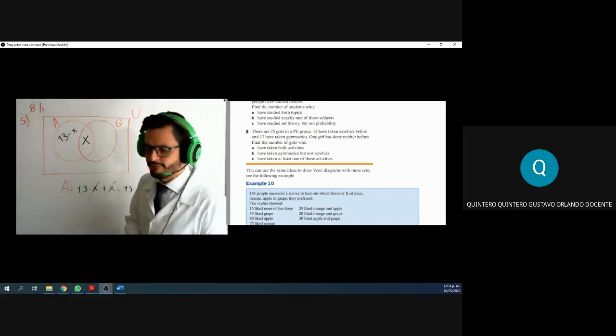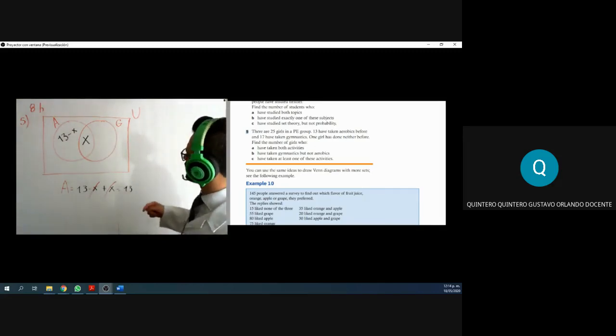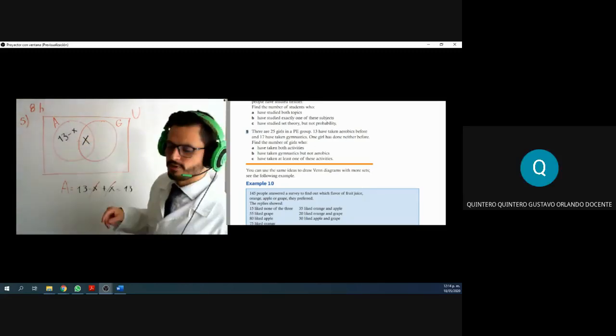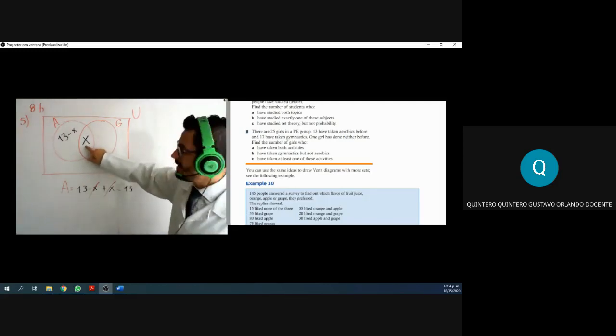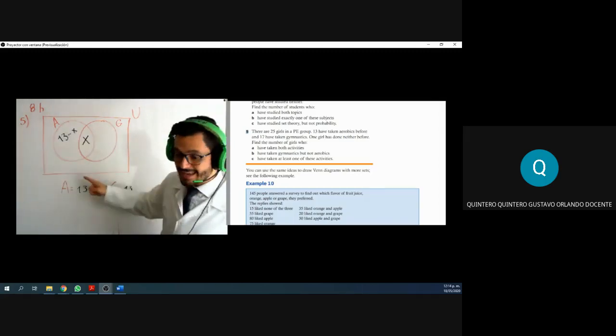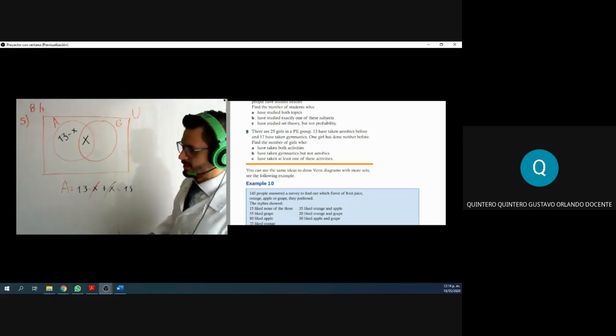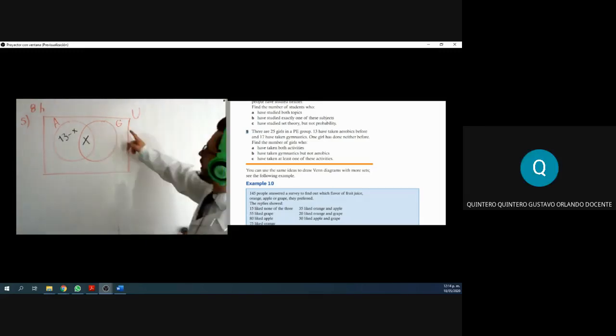That is a beautiful workaround by mathematicians to put the number outside. No matter how many people we have in the intersection, writing it this way will give us the right amount in aerobics. And that works also for the ones of gymnastics.